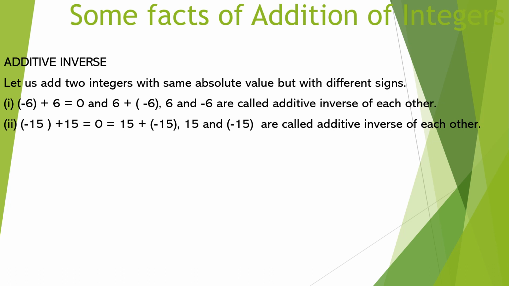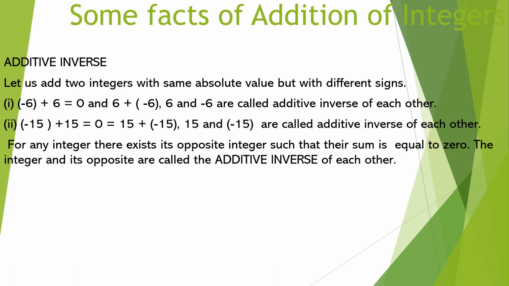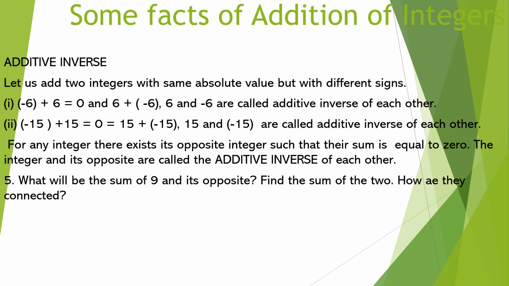Both 15 and minus 15 are called additive inverses of each other. For any integer, there exists its opposite integer such that their sum is equal to 0. The integer and its opposite are called the additive inverse of each other.